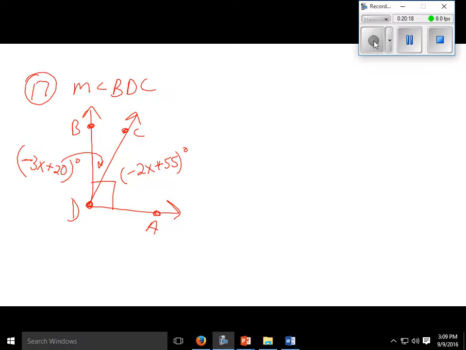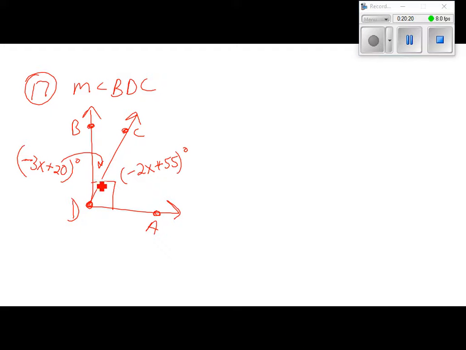Number 17, they give us this picture. They tell us this is a right angle. Well, if that's a right angle, then that means these two angles have to be complementary to each other. So we set up our equation, negative 3x plus 20 plus negative 2x plus 55 should equal 90 because they're complementary. They add up to be that right angle.